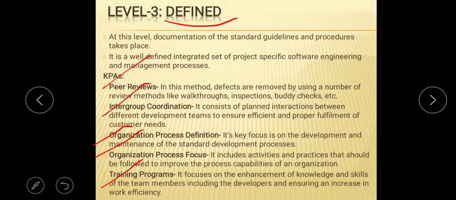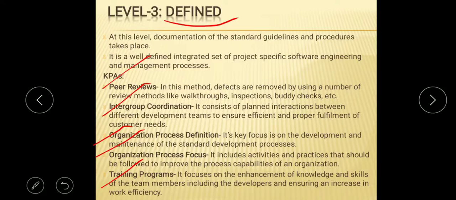The organization process definition, its key focus is on the development and maintenance of the standard development processes. Next, organization process focus.